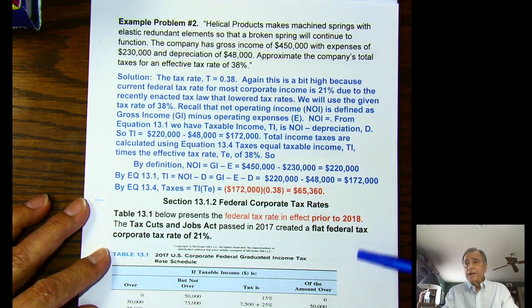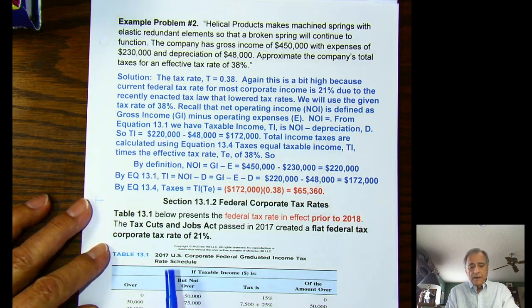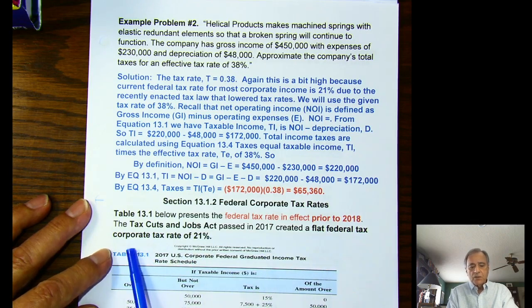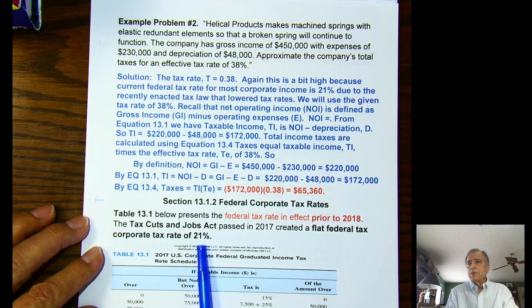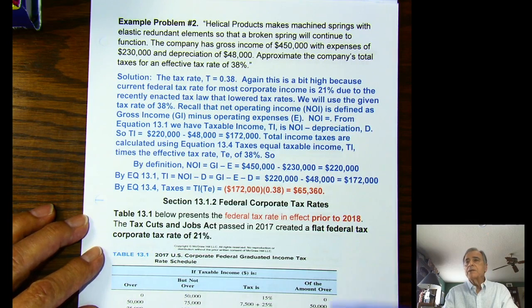So for 2019, 2020, and until they change the tax law again, the Tax Cuts and Jobs Act passed in late 2017 created a flat federal corporate tax rate of 21%. So no matter how much income is, it's applied. The federal tax rate as of today is 21%.